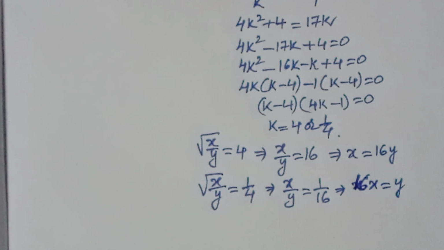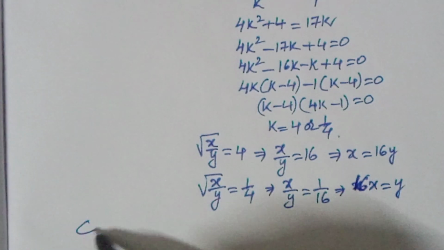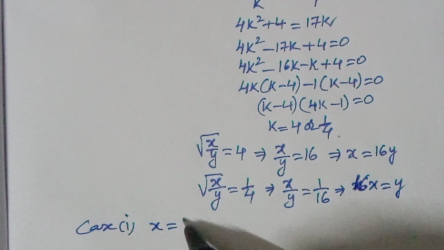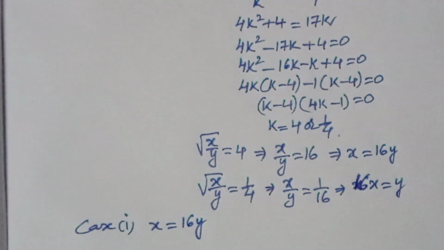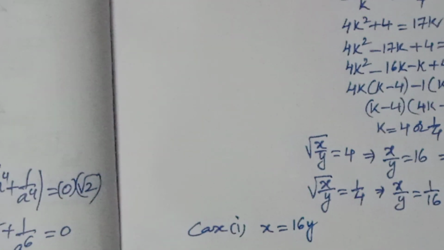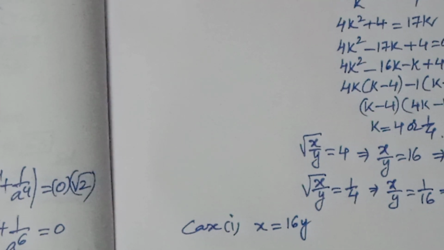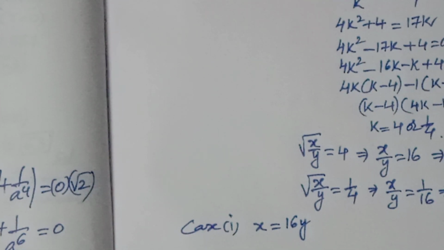Okay, now we have to find the x and y values. So I am taking case 1 now. Case 1, x is equal to 16y. You take this and replace it in the second equation.